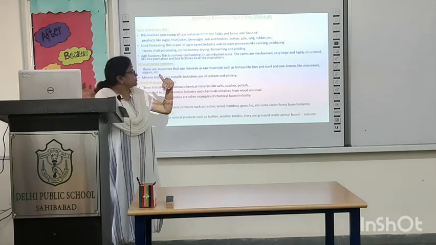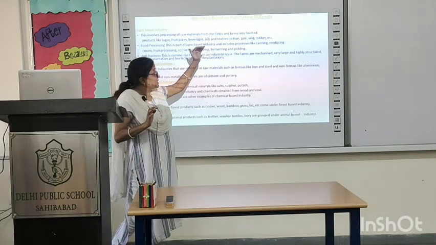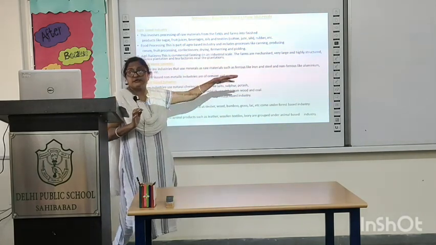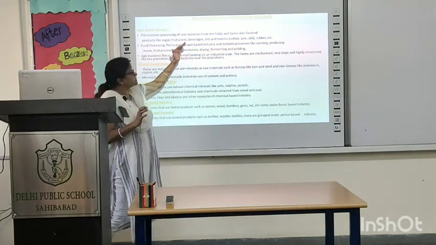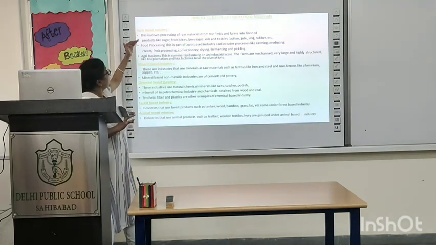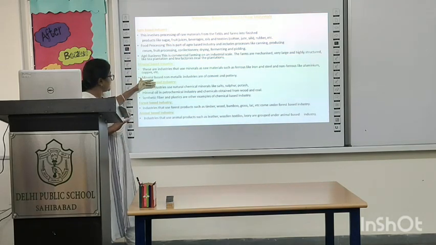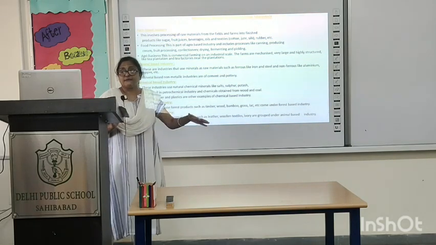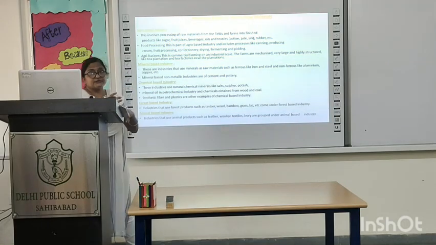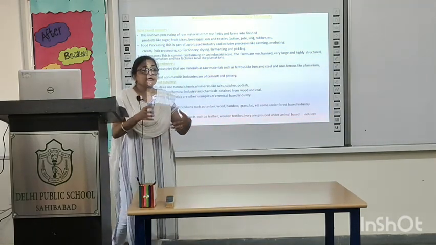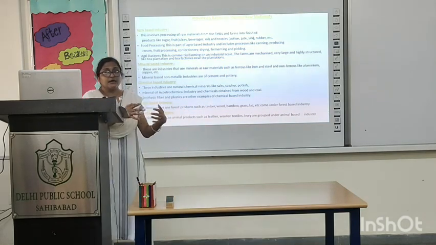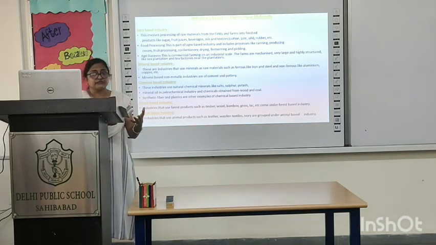Next we come to the industries based on inputs and raw materials. We saw earlier that industries can be divided into agro-based, mineral-based, chemical-based, forest-based and animal-based. First, agro-based industries. The industries which get their raw material from agriculture are called agro-based industries.